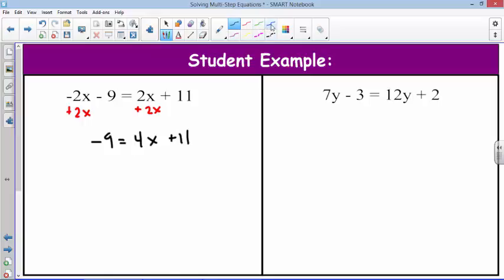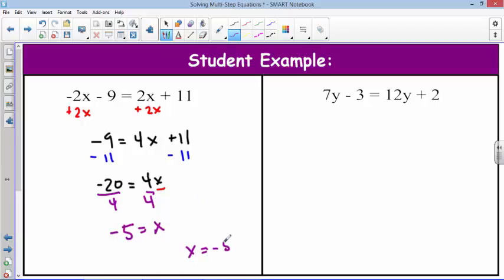I have my x already on the right, so I'll go ahead and move this 11 over by subtracting 11 from both sides. I have a negative 9 minus 11, that's going to give me negative 20 equals 4x. I want to keep my x, so I'll divide both sides by 4. Negative 20 divided by 4 will give me a negative 5 equals x. I'll write it as x equals negative 5.